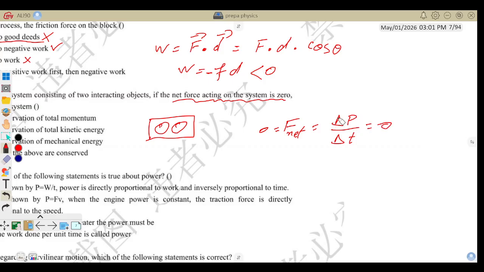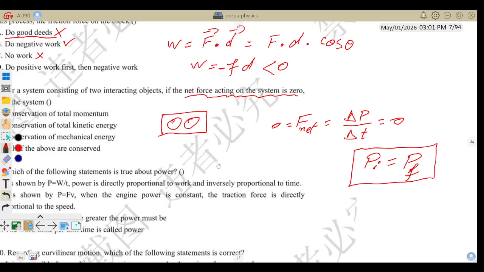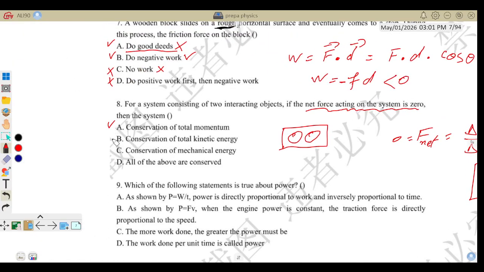The change of momentum is 0, which means the initial momentum would be exactly the final momentum. That makes the first answer the good one, or the right answer.